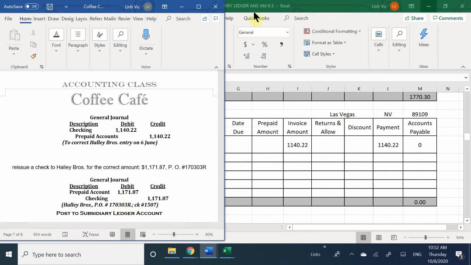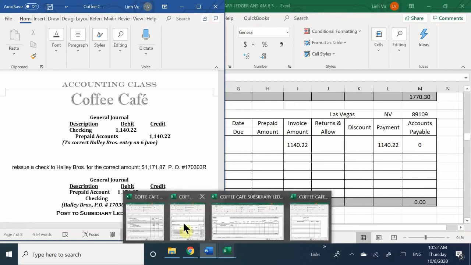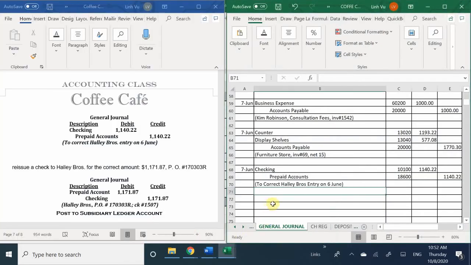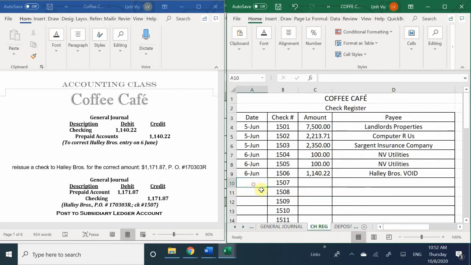So in this case, I'm going to go as is. First things first, I'm going to write a brand new check for the 1171. Okay? So I'm going to do that first. On 6/7, I'm writing a brand new check for the 1171.87.